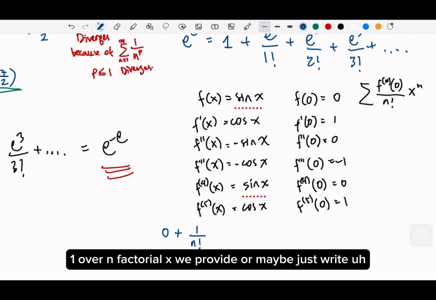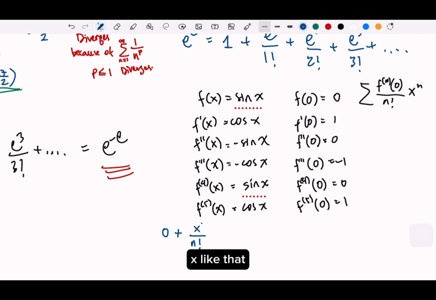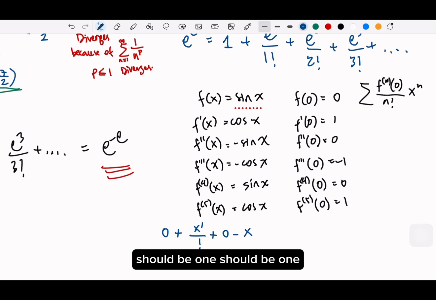Or let me just write x like that. And then negative, since the next term is 0, and then negative x cubed, right? The coefficient should be 1.